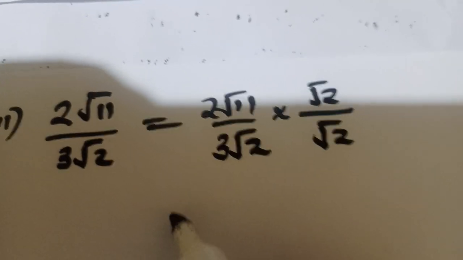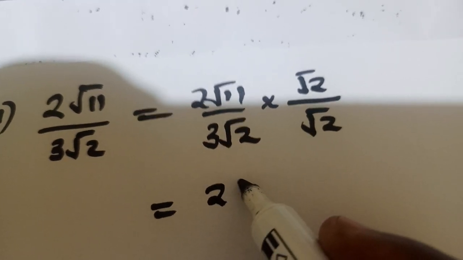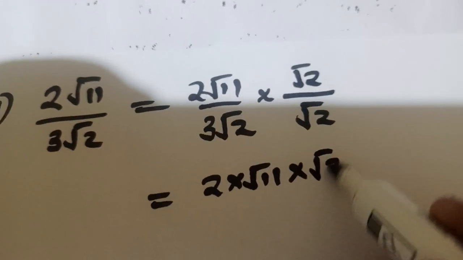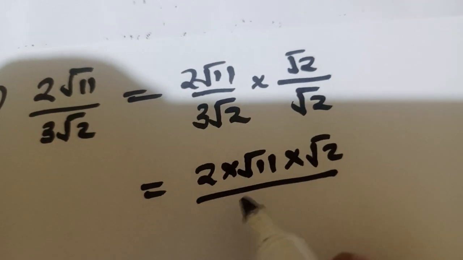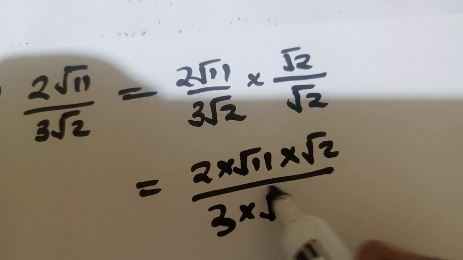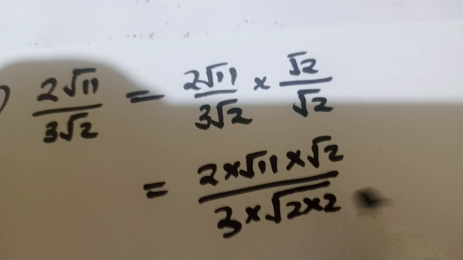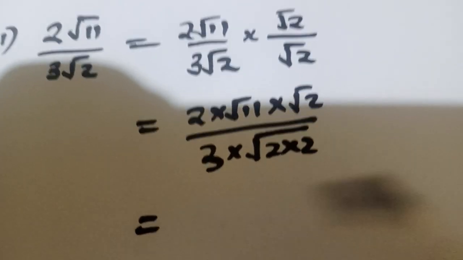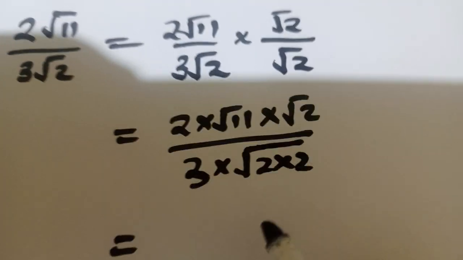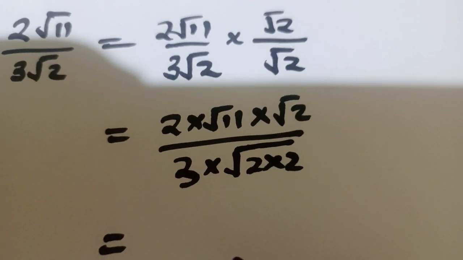And so this gives us now 2 multiplied by root 11 multiplied by root 2 over 3 multiplied by root 2 multiplied by 2. Remember what we said earlier, when the order is the same for the surds, you can simply multiply the numbers under the radical by each other.